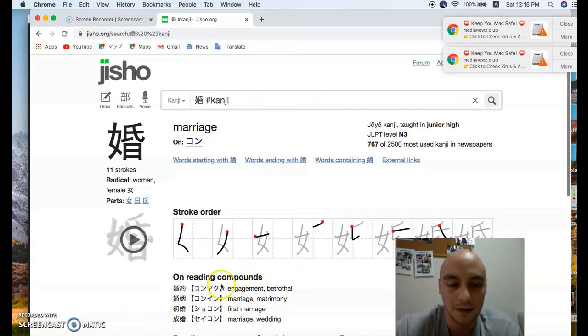So that's how you would say you're engaged as opposed to saying married. That's just an example, but that's the way the language works. And you have these visual images and the sounds they make.